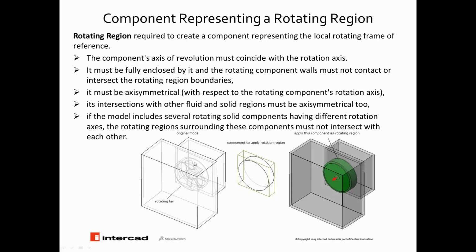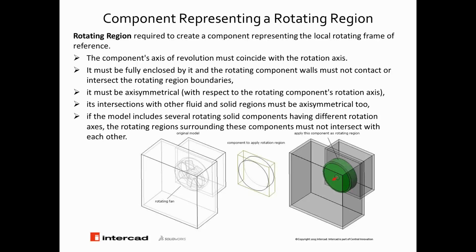What you have to do is first create a component which has some certain criteria to meet, put it there, and inside the analysis specify this is the rotating region. So it is physically created in the design tab, and then becomes virtual in the simulation tab.